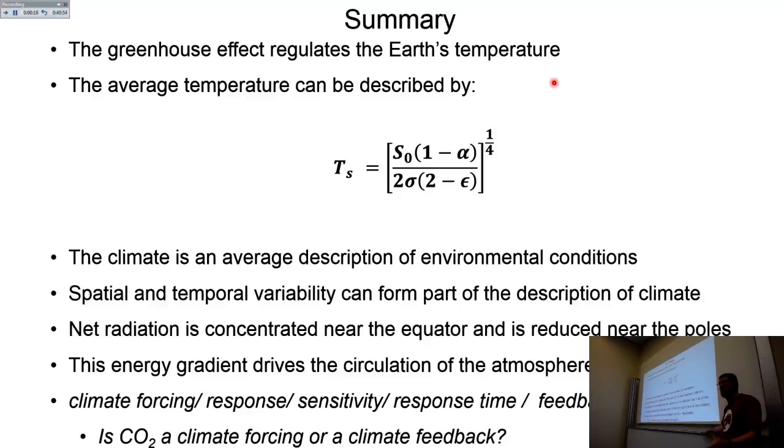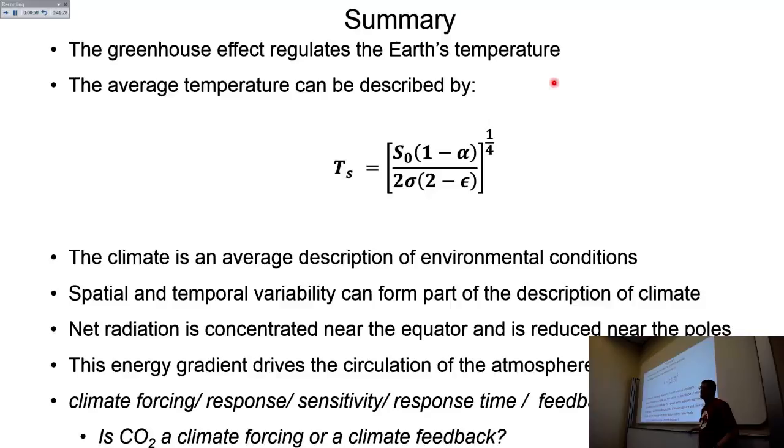We can describe the average temperature of the Earth with this really simple equation, which relies only on the power of the sun, or the solar constant, the amount of sunlight that arrives at Earth; the albedo, the reflectivity of the planet, where if you get more albedo, more shiny, the planet will get cooler; and emissivity, the opaqueness of the atmosphere, so how much like a black body the atmosphere is.